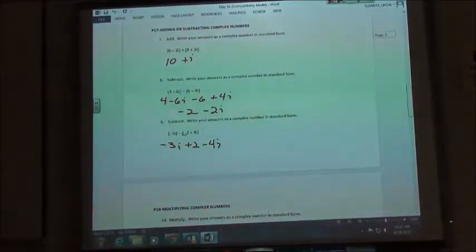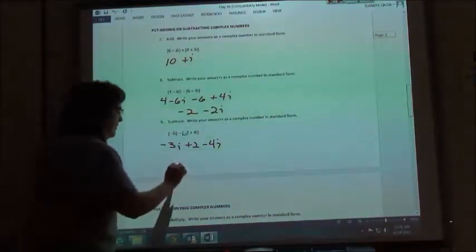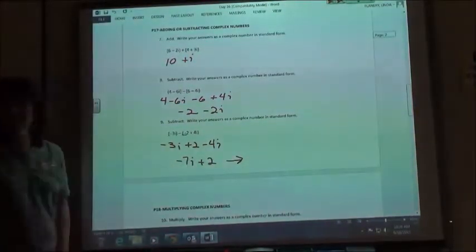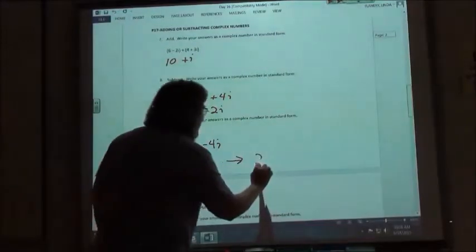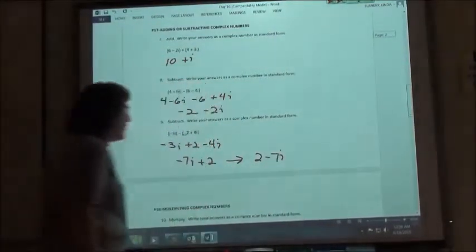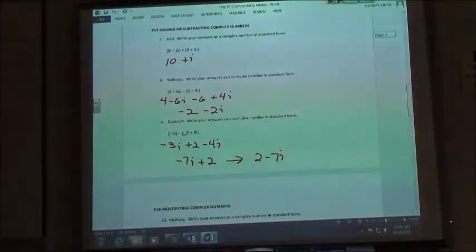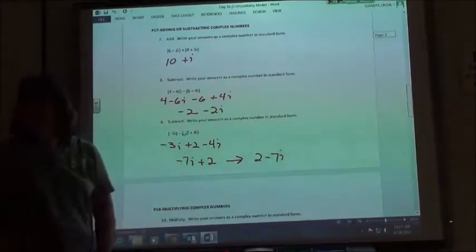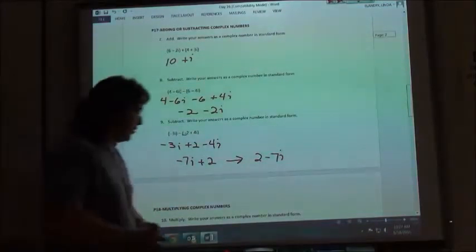Combining my like terms then, my answer would be 2 minus 7i. And so they want to make sure you put it in standard form, so here the order is going to make a difference when you put your answer in because they're picky.